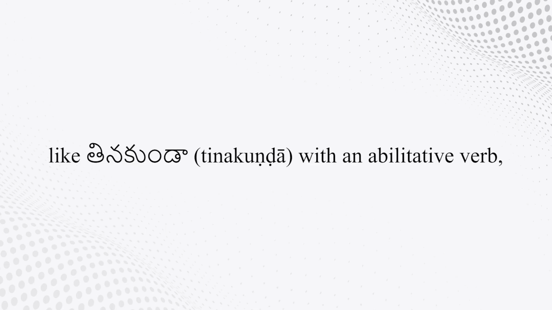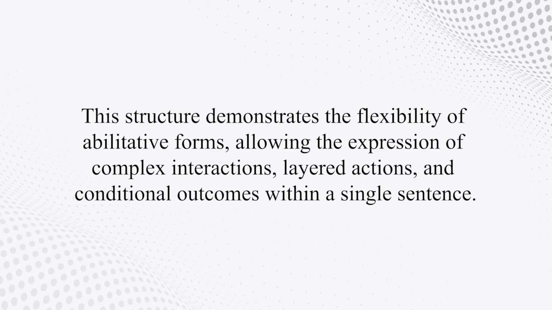By combining a participle phrase like తినకుండా with an abilitative verb, Telugu allows speakers to convey nuanced situations where one action depends on the ability to perform another, highlighting success, failure, or control over multiple simultaneous actions. This structure demonstrates the flexibility of abilitative forms, allowing the expression of complex interactions, layered actions, and conditional outcomes within a single sentence.